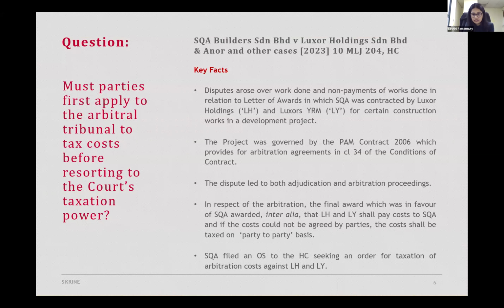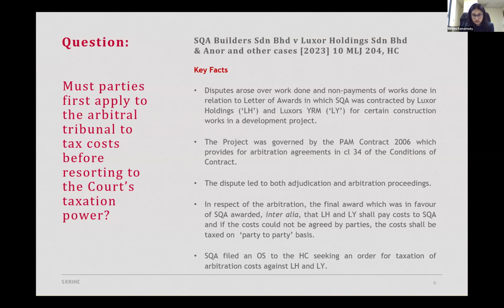After the delivery of the award, SQA's solicitors applied to the arbitrator to tax the costs, after the arbitrator had stated what he did, as I mentioned earlier in the award.